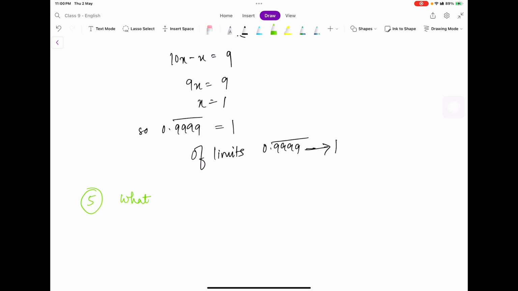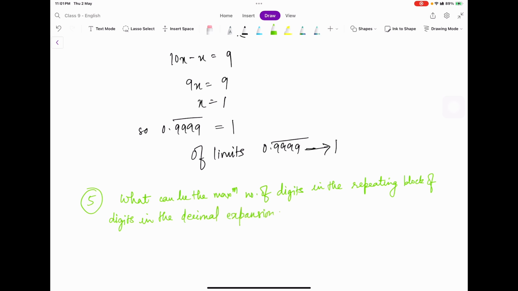The question is, what can be the maximum number of digits in the repeating block of digits in the decimal expansion of 1 by 17?